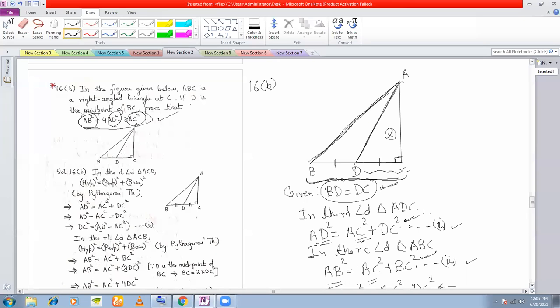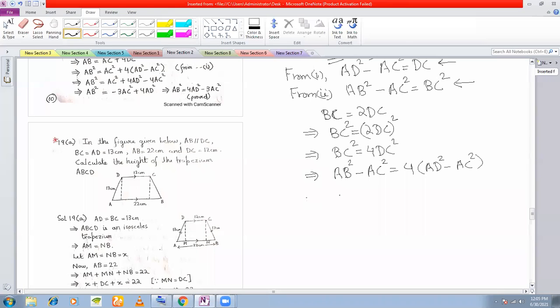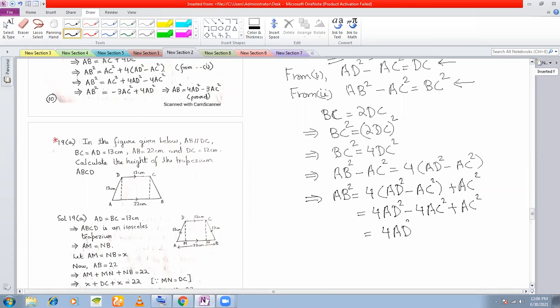Now we simplify this and get the answer. We need to show AB square is equal to all this. So we find AB square from here. So therefore, AB square is equal to 4 times AD square minus AC square plus AC square, which is equal to, open the brackets, 4 AD square minus 4 AC square plus AC square, which will give you minus 3 AC square.